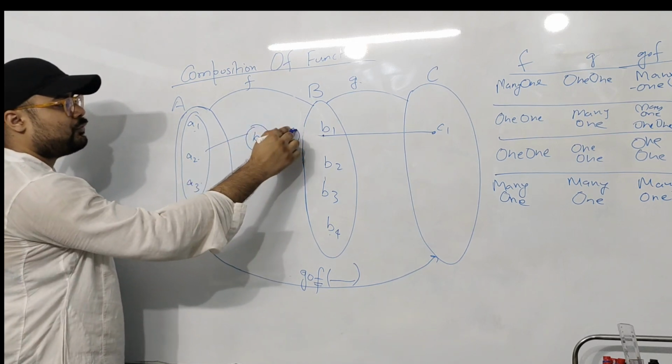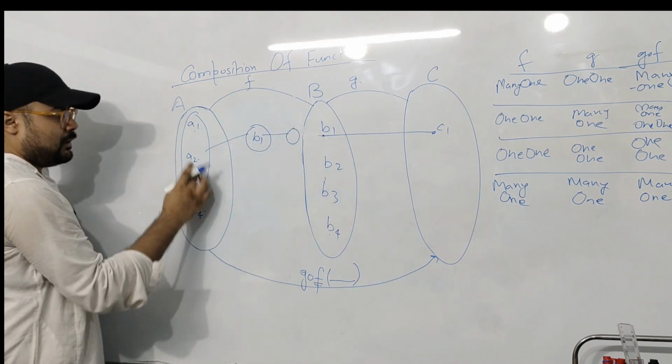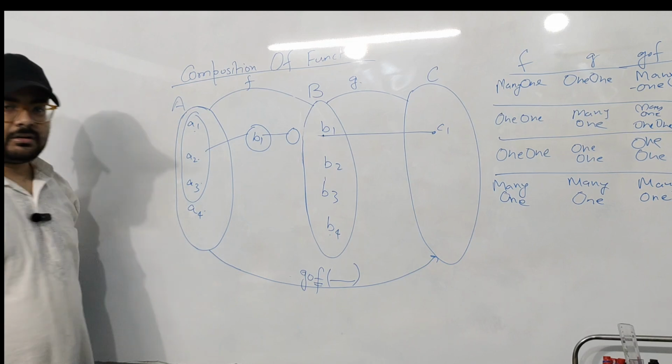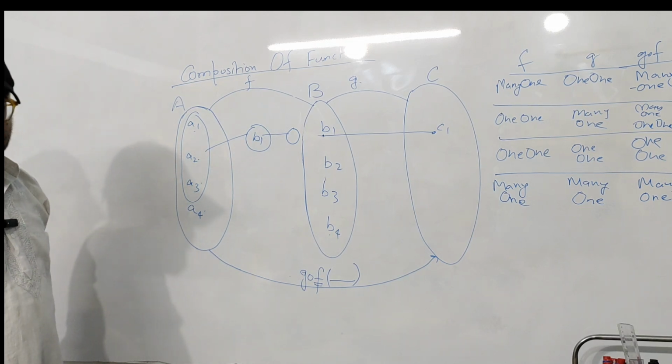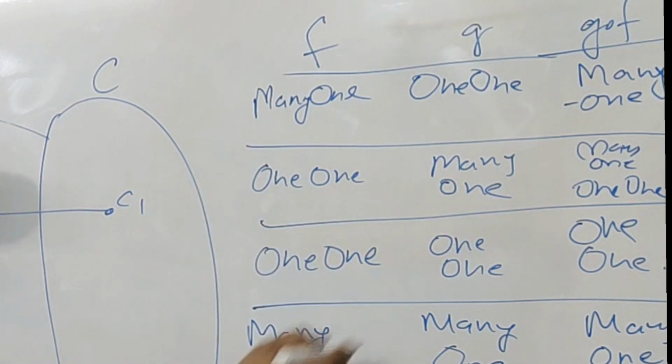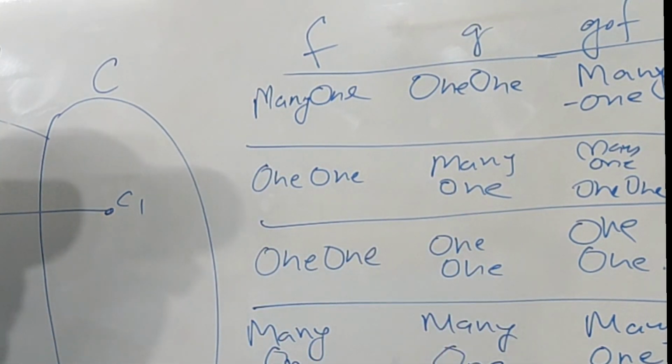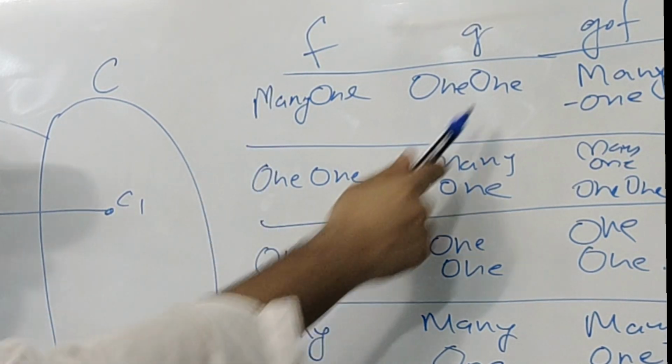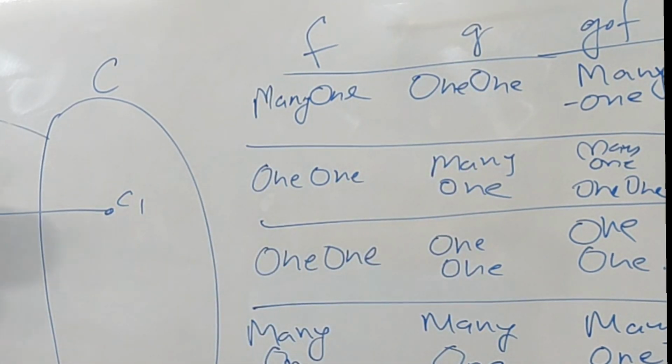Now this will be mapped to one unique element in C, but for all these elements the mapping is common, and so it will always be many-one. So if f is many-one, then g∘f is always many-one, and it is one-one when both are one-one. But if f is one-one and g is many-one, then we can't say about g∘f as a general rule, but for a given function we will look specifically at the function, and we can come to the conclusion for that particular function.